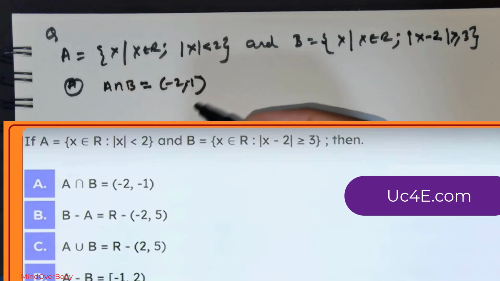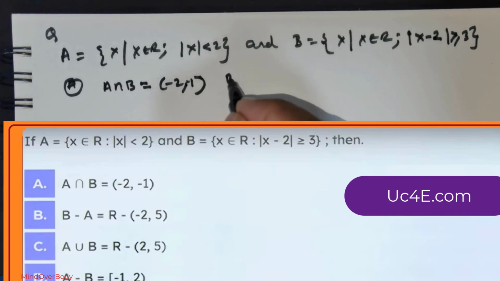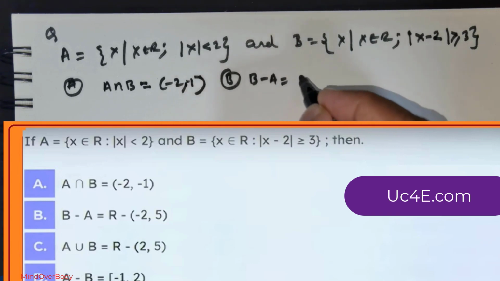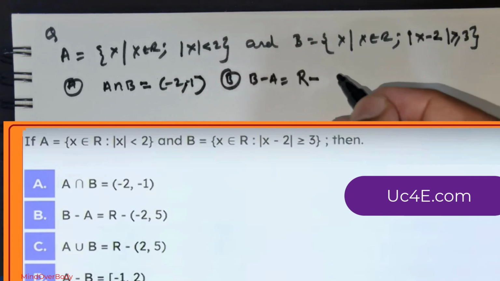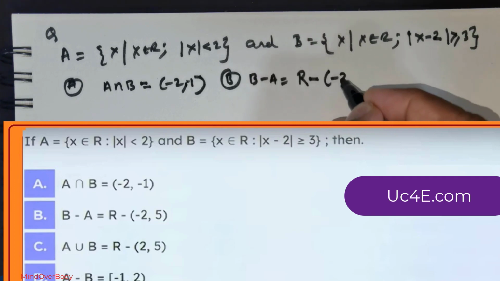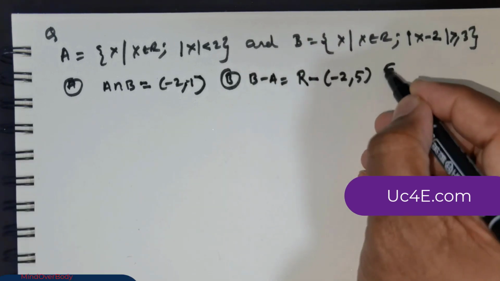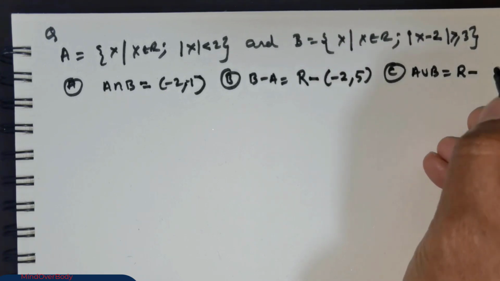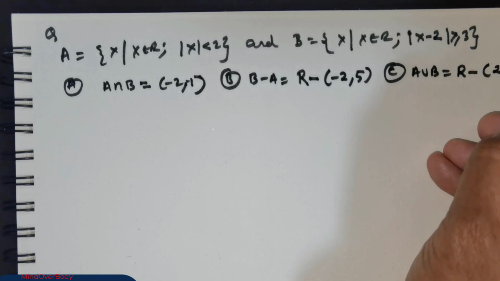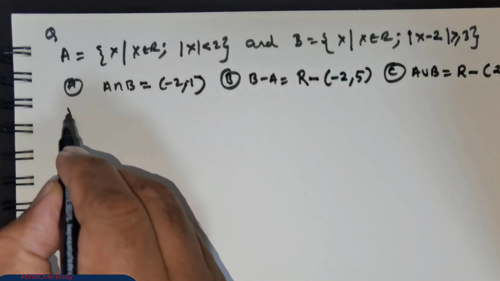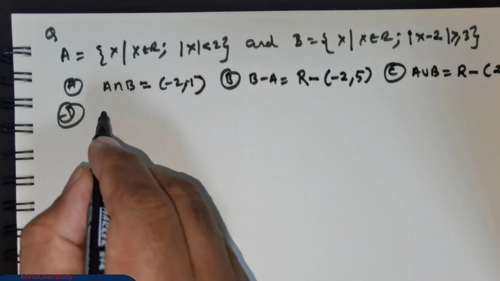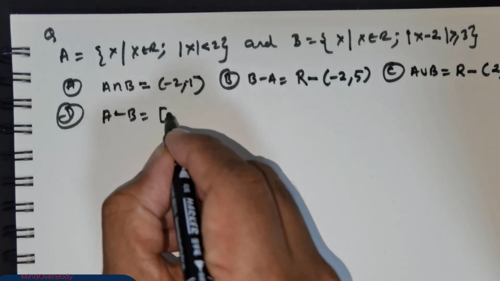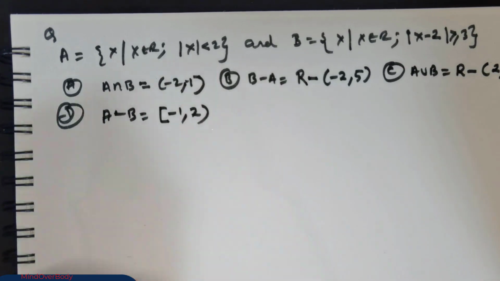Choice B: B minus A is equal to R minus negative 2 comma 5. Choice C: A union B is R minus negative 2 comma 5. And choice D: A minus B is negative 1 comma 2.